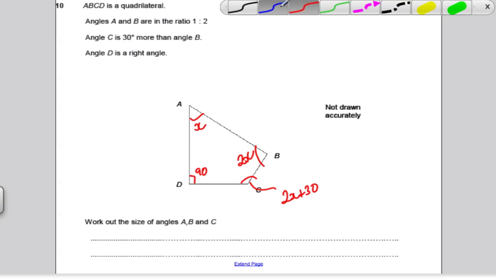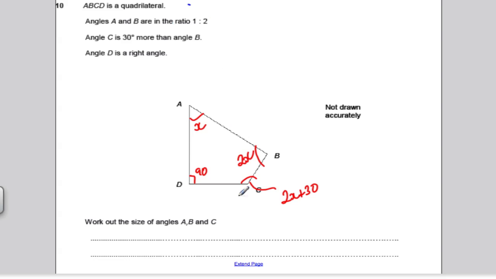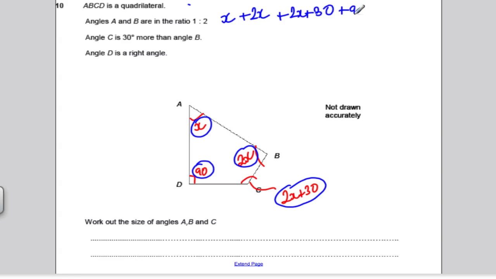Well, the rule you should know is angles in a quadrilateral add to 360. So let's add them up. x plus 2x plus 2x plus 30 plus the 90 must add up to 360.